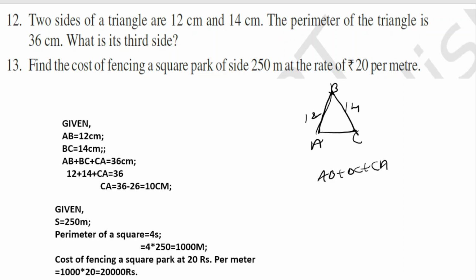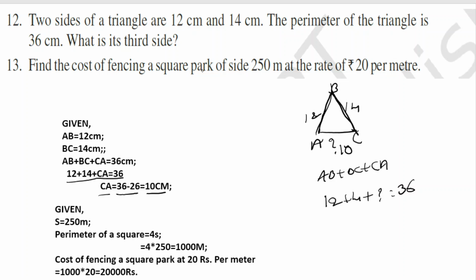Here we don't know the third side. We need to find out the third side. So 12 plus 14 plus CA is equal to 36. The perimeter is given as 36. So CA is equal to 36 minus 26, and CA is equal to 10 centimeters.